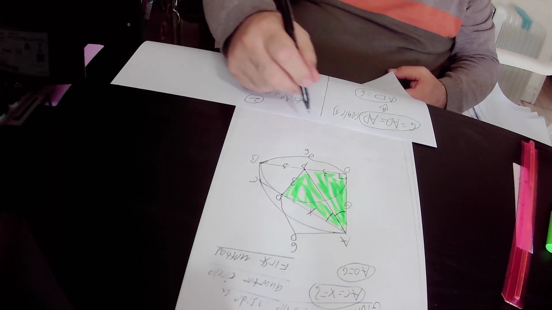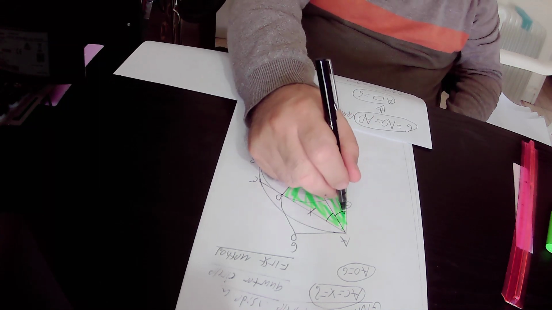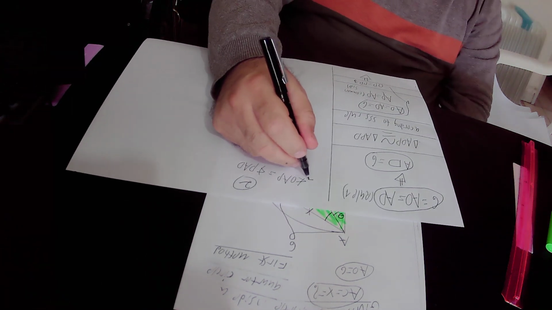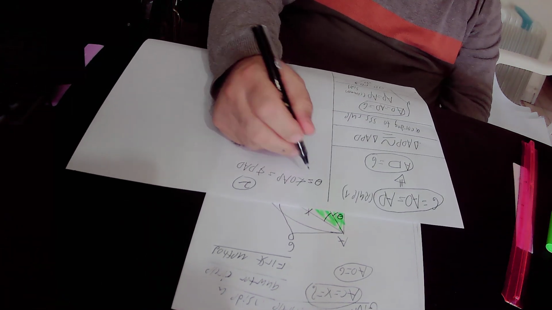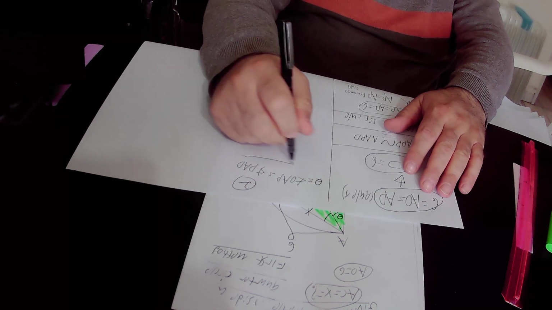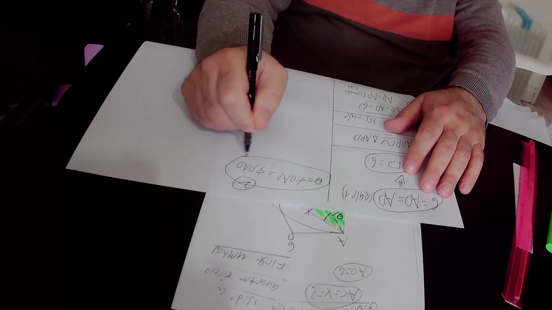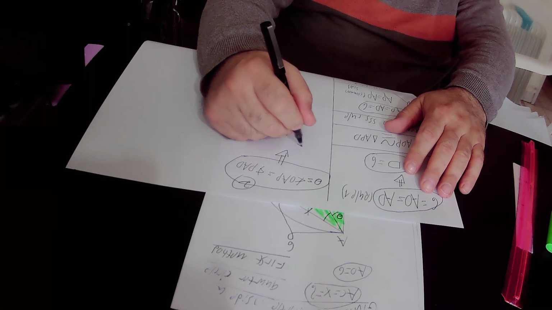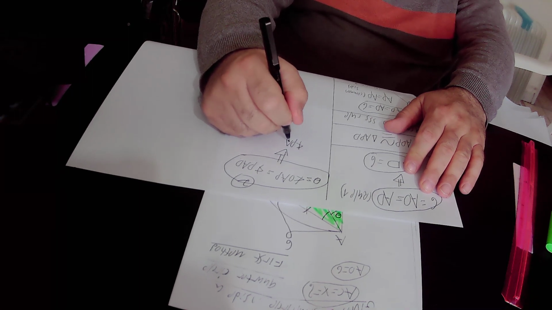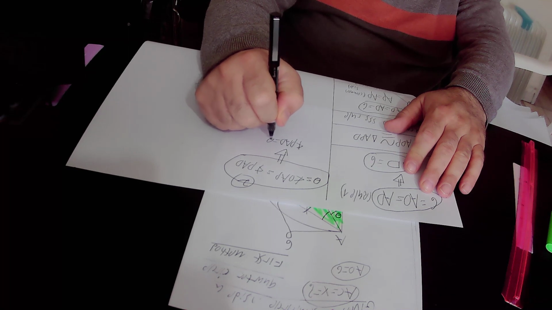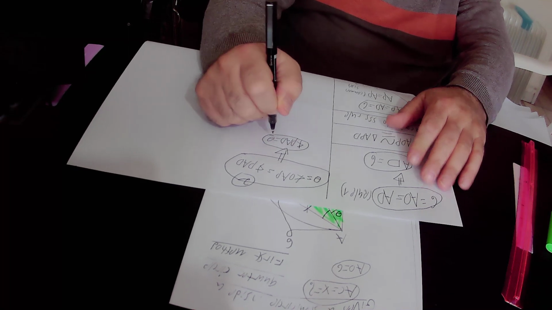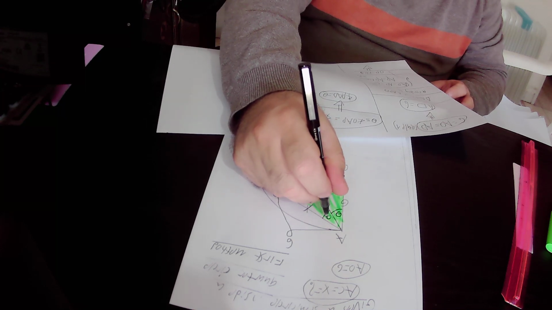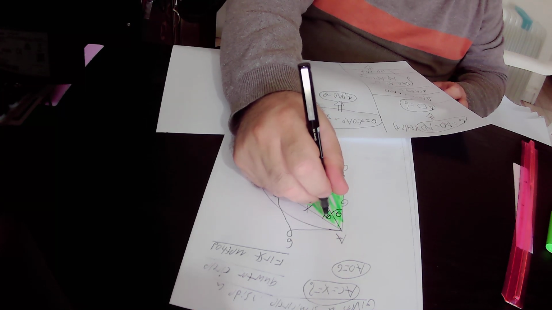If we define angle OAP as theta, then from this equation, theta equals angle OAP equals angle PAD, we derive that angle PAD is also equal to theta. So both those 2 angles are equal to theta.